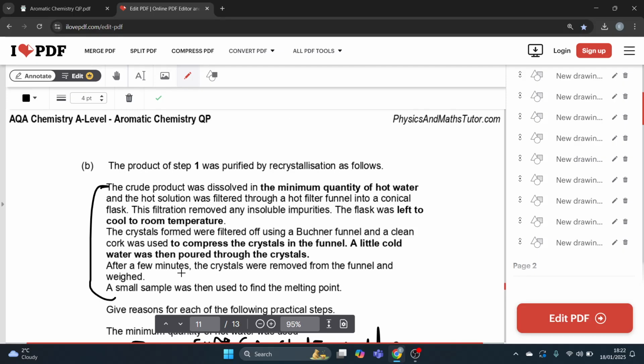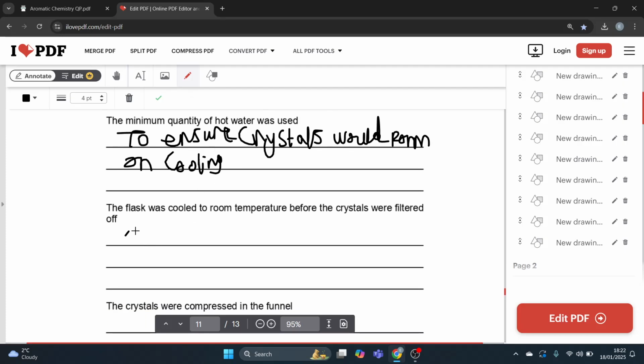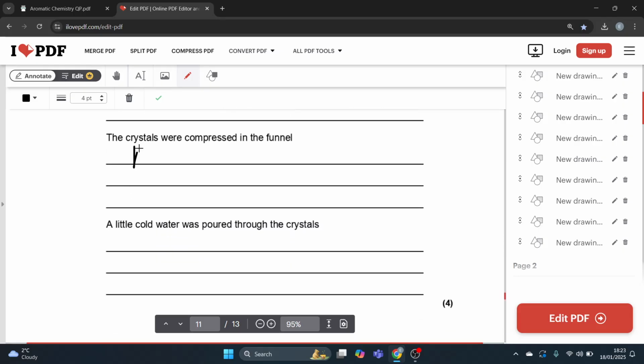The flask was cooled to room temperature before the crystals were filtered off. Solubility is higher if warm. Crystals were compressed in the funnel. Air passes through the sample, not just around it.